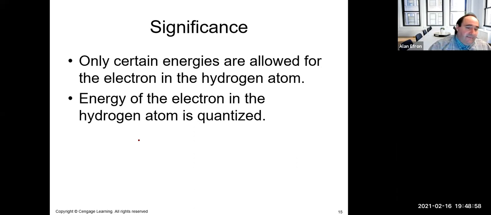And because of that, it's not allowed to fall in between, like we were talking about. So again, n equals 1, which is our lowest in energy, n equals 2, n equals 3. This electron can only be found here, or gain enough energy to get to here, or enough energy to get to here. Again, it can't find itself in the middle, like a 1.5 situation in terms of energy levels. It just doesn't happen that way.